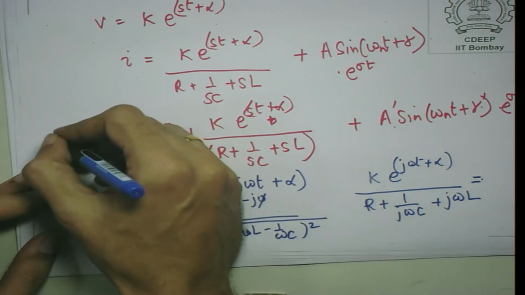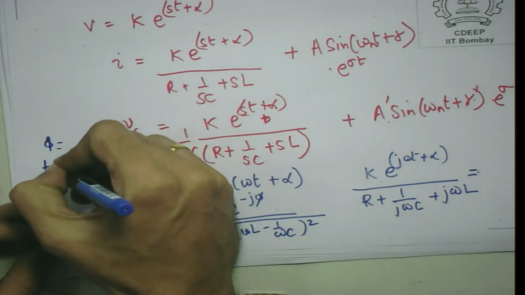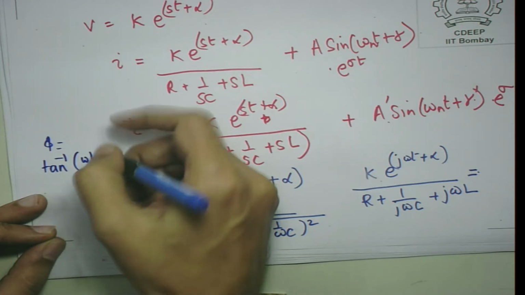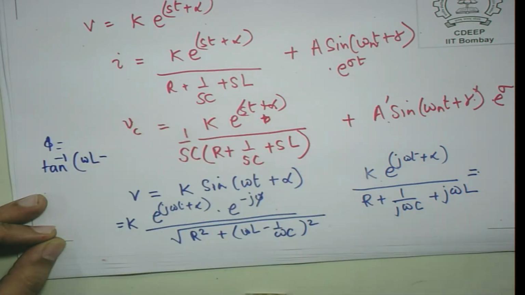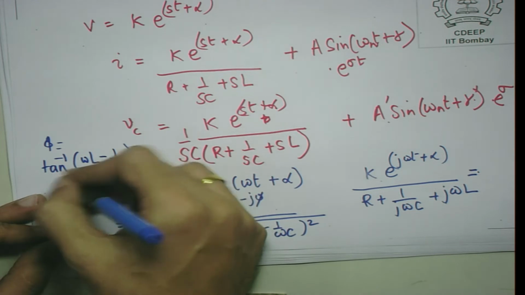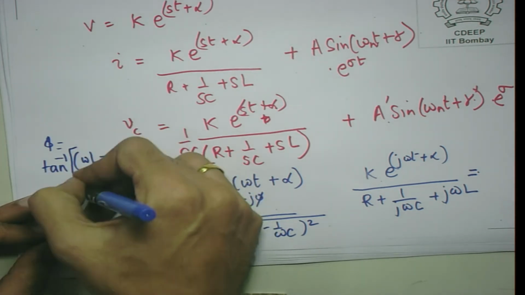So, phi will come out to be tan inverse omega L minus 1 upon omega c divided by r.